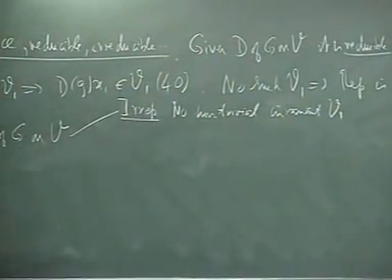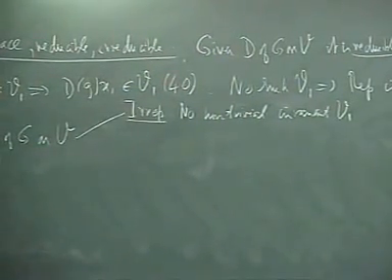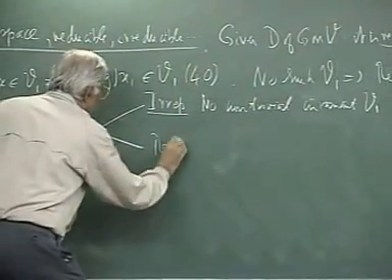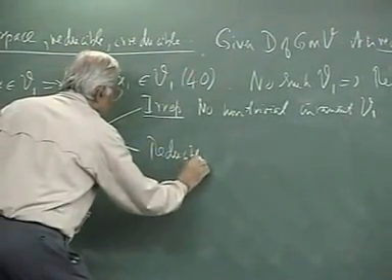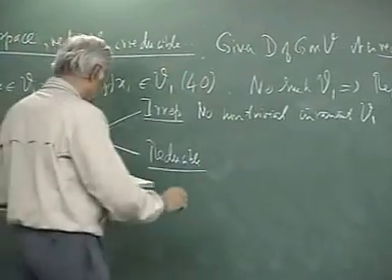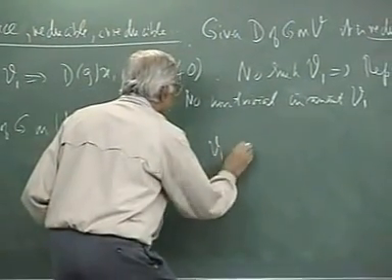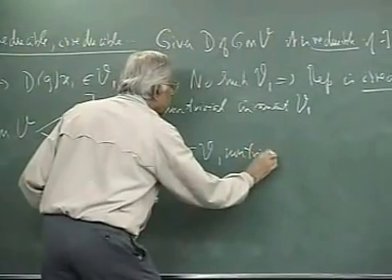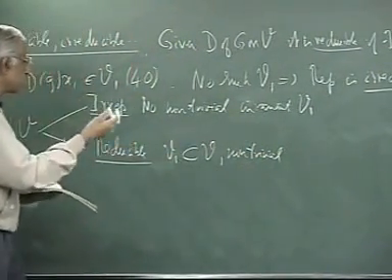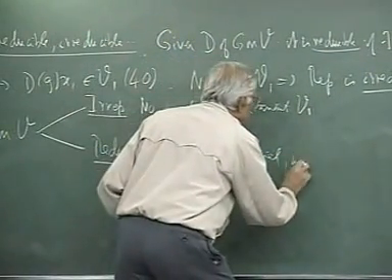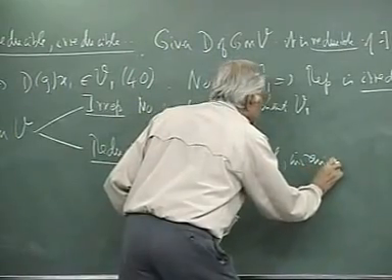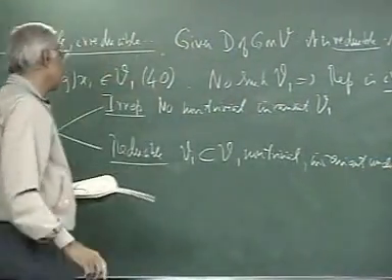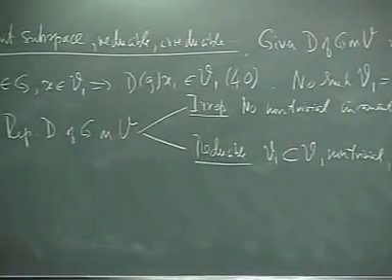I omit the word subspace. Reducible: there is a V1 in V. It is non-trivial, that means it is neither 0 nor the full space, and it is invariant under the representation. Then you have a reducible representation.